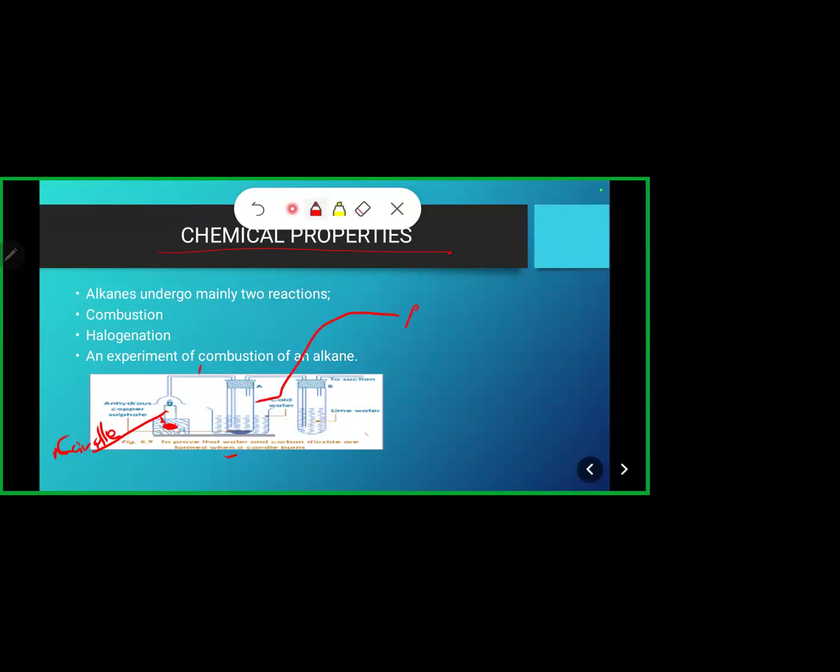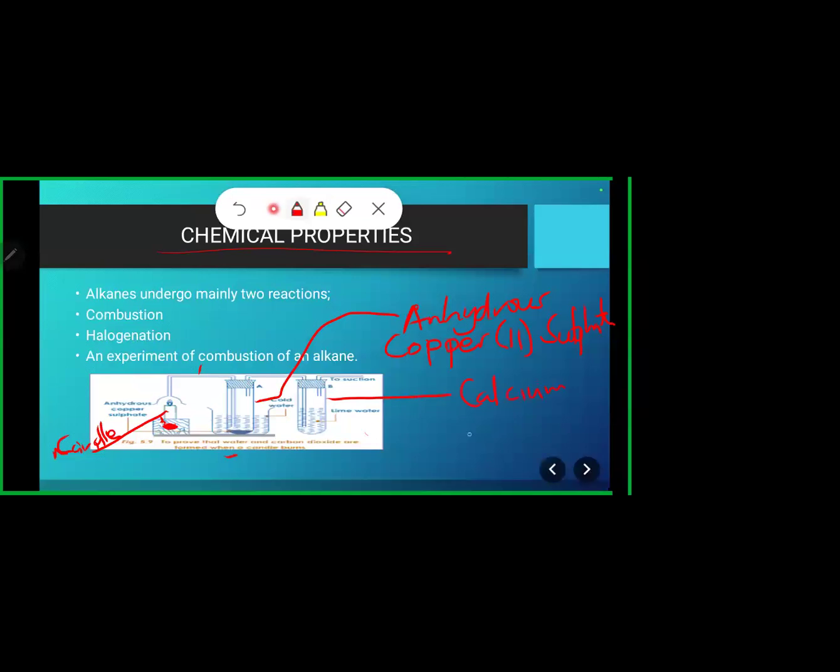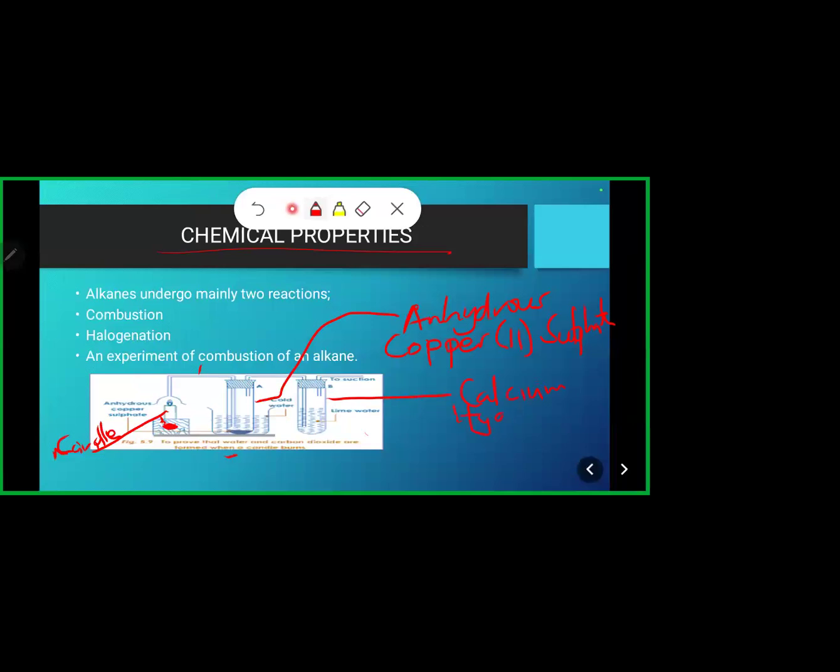This beaker is containing anhydrous copper 2 sulfate, and then this last beaker is containing calcium hydroxide, or what we call lime water.